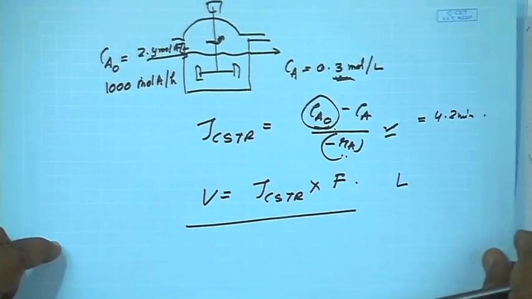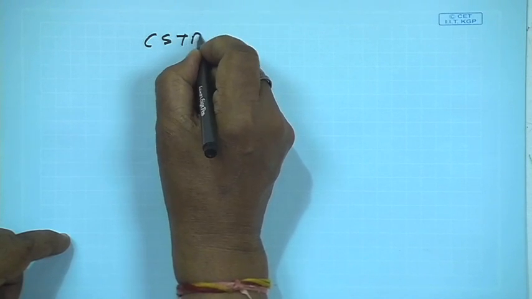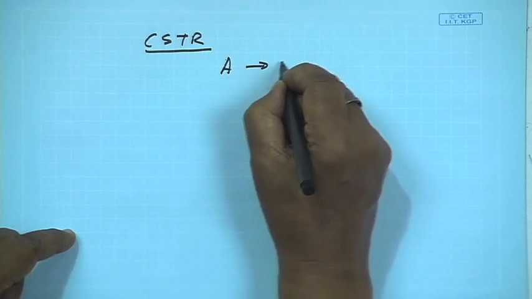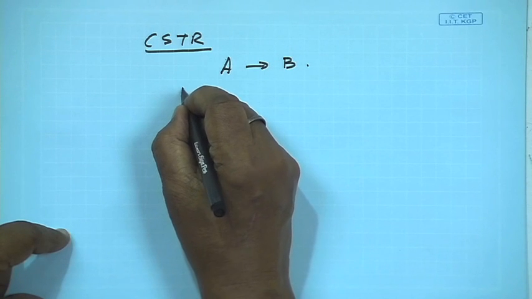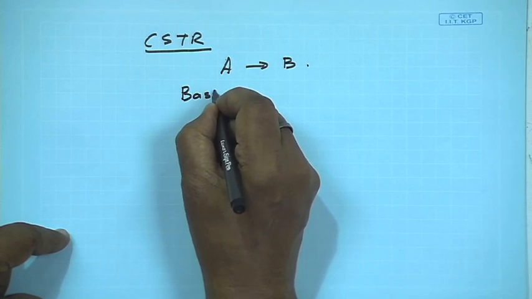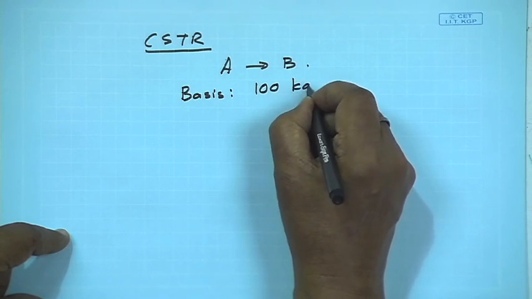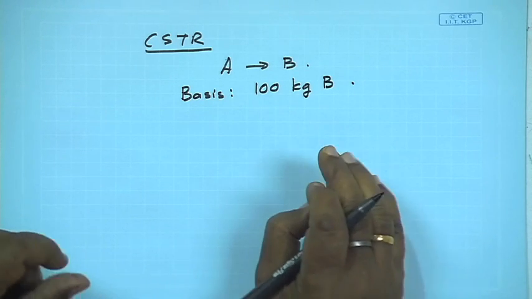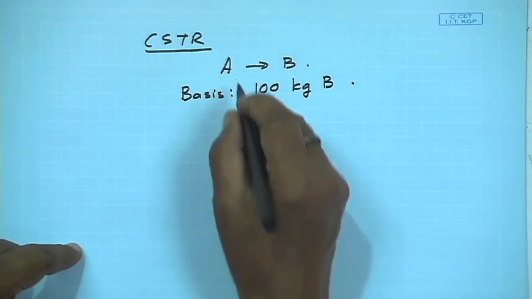Now, here I want to point out a couple of things. Suppose in case of CSTR, we want to convert A into B, and we want to produce a basis of 100 kg B. Let us assume that 100 kg B is moles of 1 kg of B. So, you know the molecular weight.